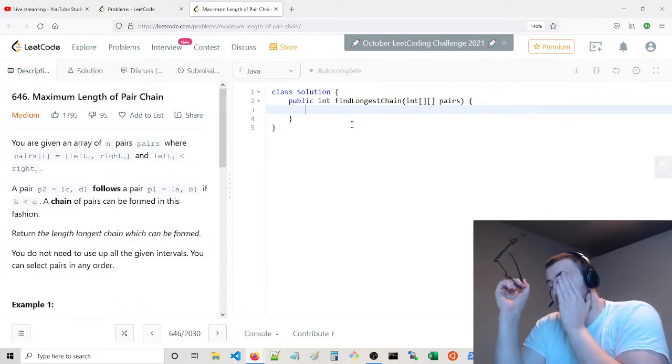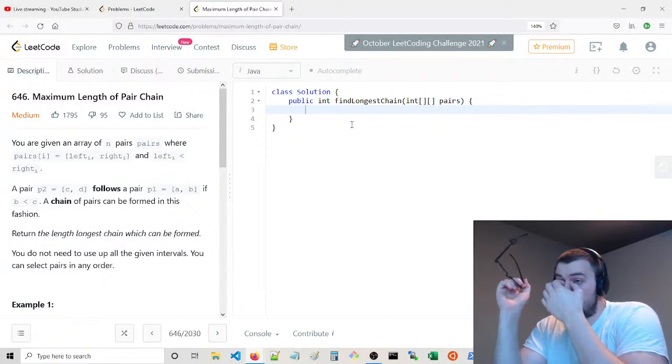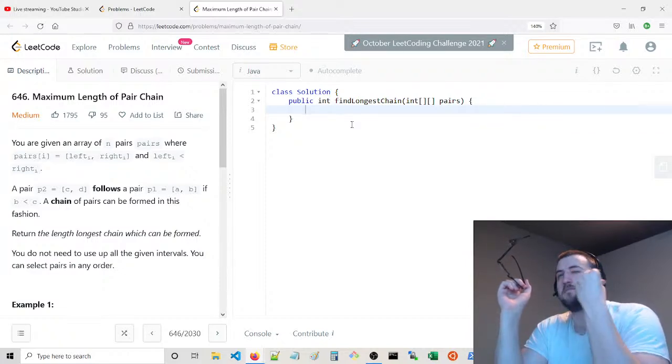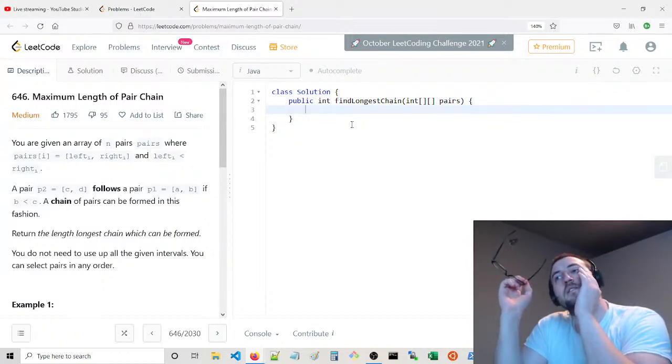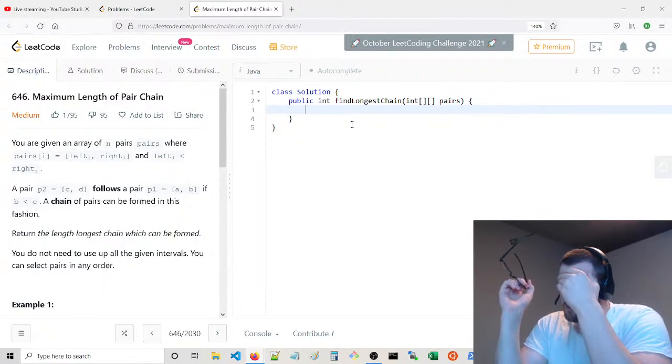It's actually a pretty simple problem to express, but the solution is not clear at all. Like I said, I want to say longest increasing subsequence, some variation of that, would solve this. But how do we do that? What do we do?